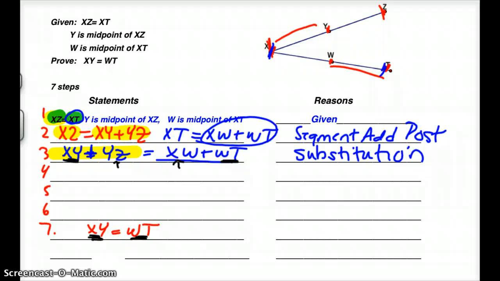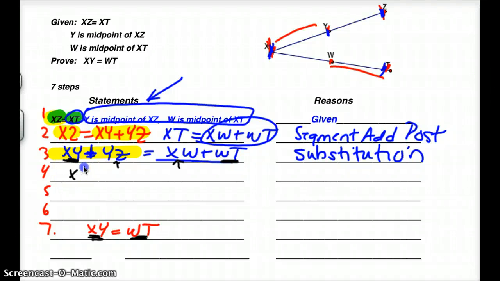One thing that we have not used yet, people, is right here. We have not used these midpoints. I need to use those. I was given those. So what does it mean for y to be the midpoint of x, z? What does that mean? Those two pieces are going to be equal. So I'm going to write that down.